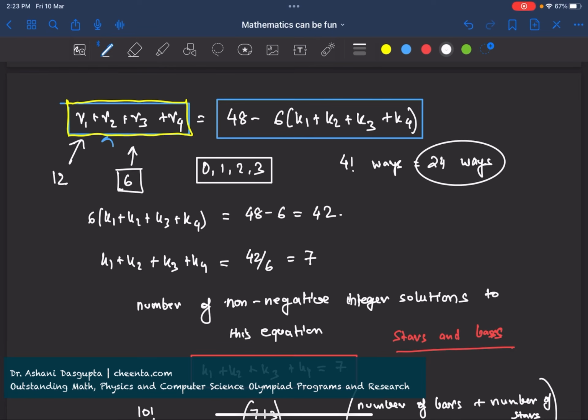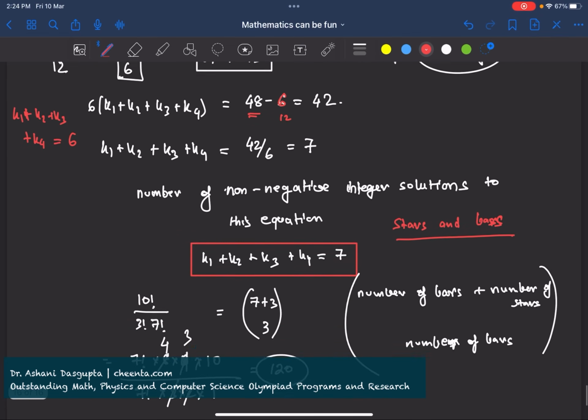Then K1 plus K2 plus K3 plus K4 will be 6 instead of 7. Because instead of 48 minus 6, you will have 48 minus 12, and then you can divide by 6 to get the answer.